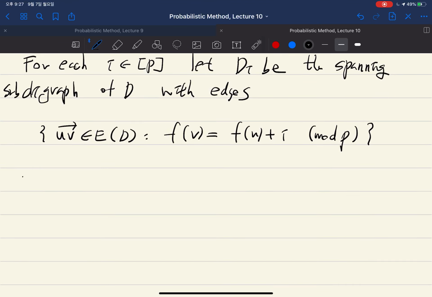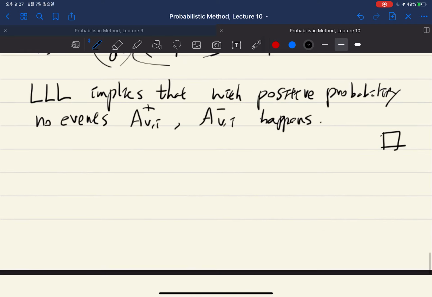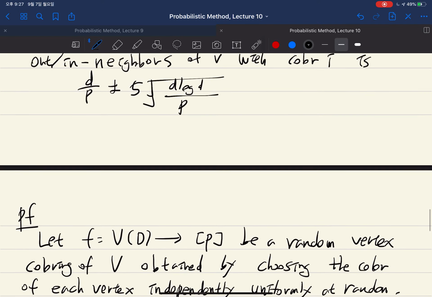Then, what does the previous condition become?